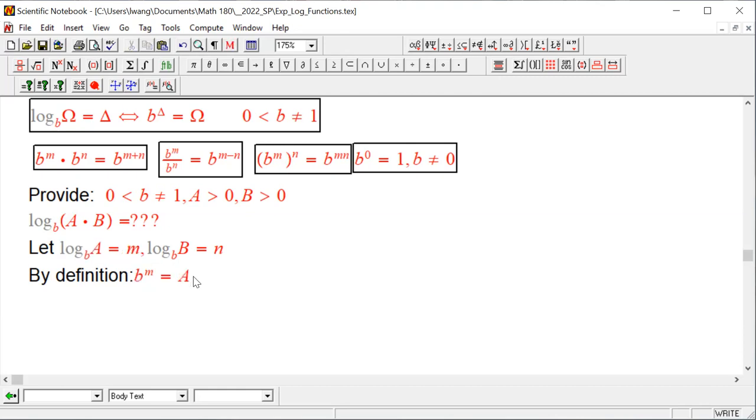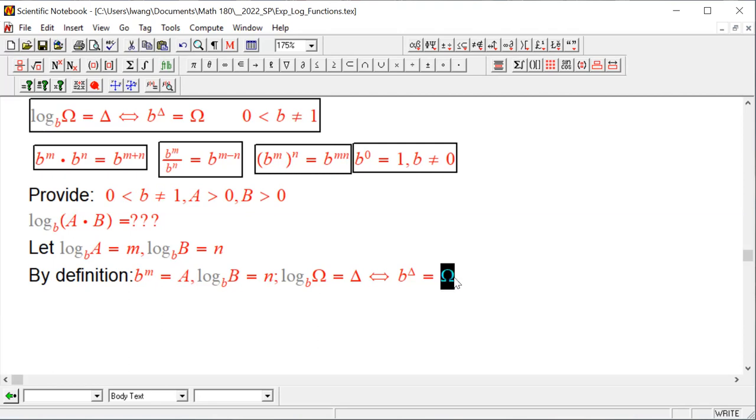And what does the other one imply? This piece. What does this piece imply? According to definition, B omega, so B is omega.